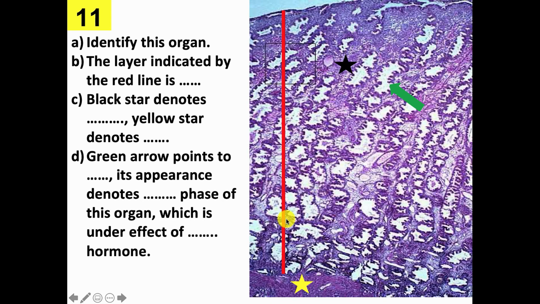The yellow star denotes the myometrium. The green arrow points to the endometrial gland. Its appearance denotes the secretory phase of this organ, which is under the effect of what? Of the progesterone hormone.